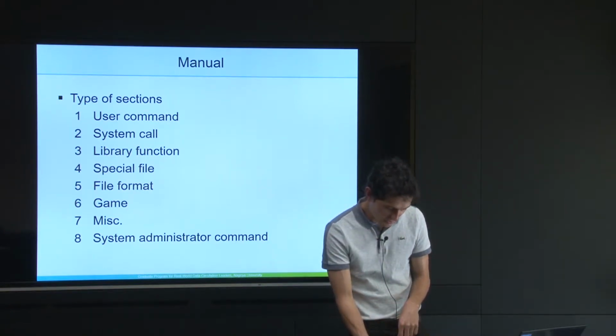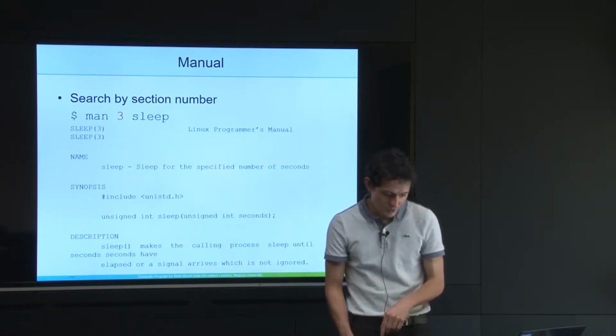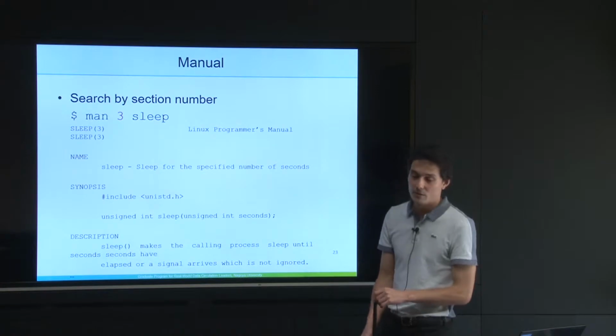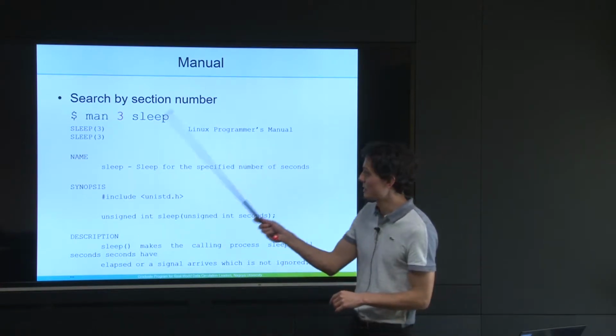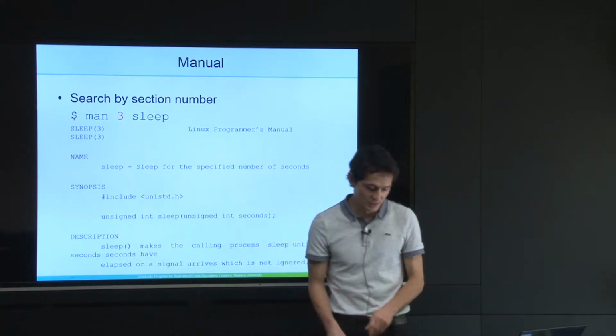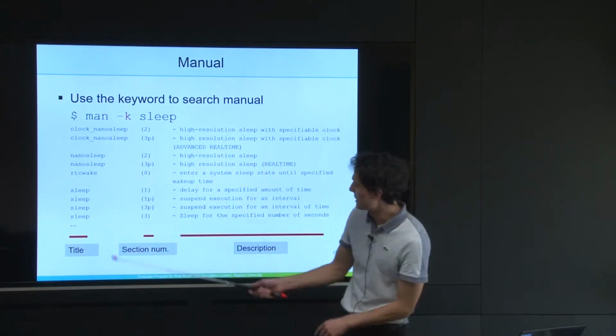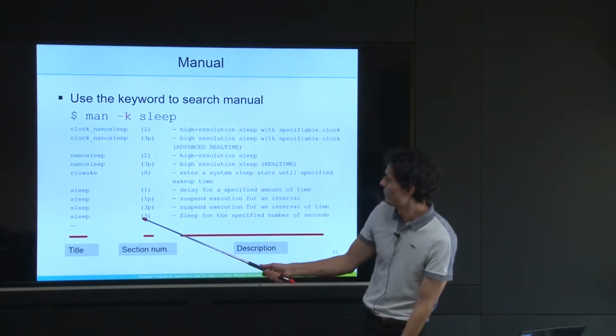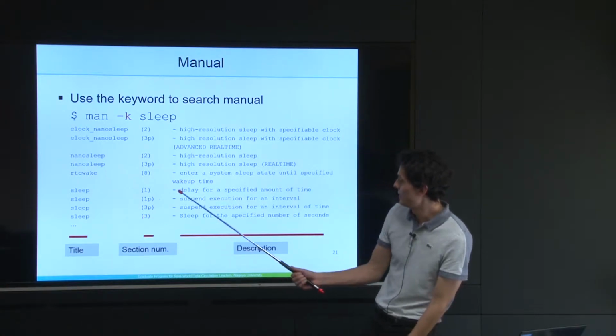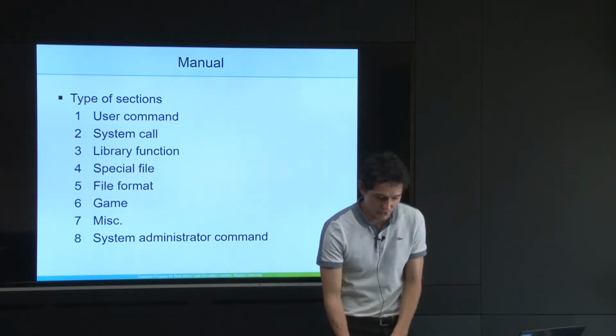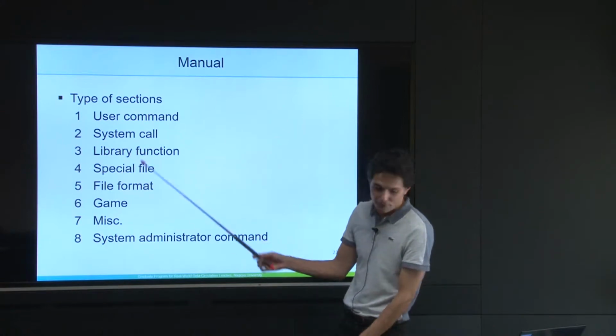Okay, so as you could see, there were different sections. You can also use man to search by section number. So previously we saw that there is a sleep function here, which has section number 3. Section number 3 means it's a library function.